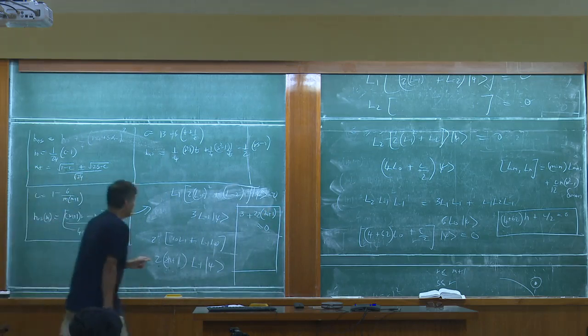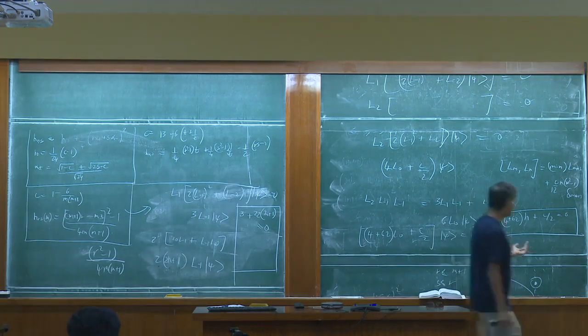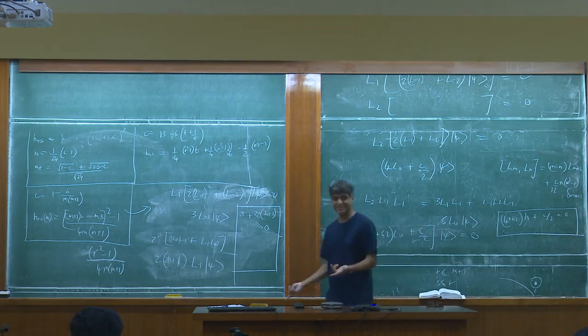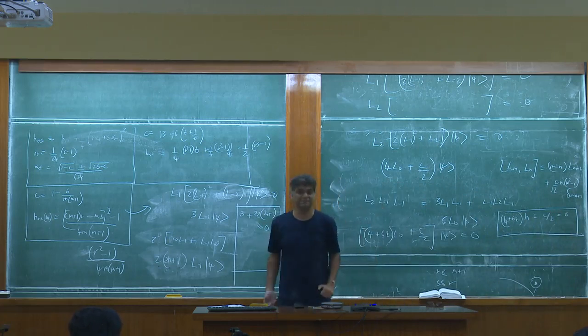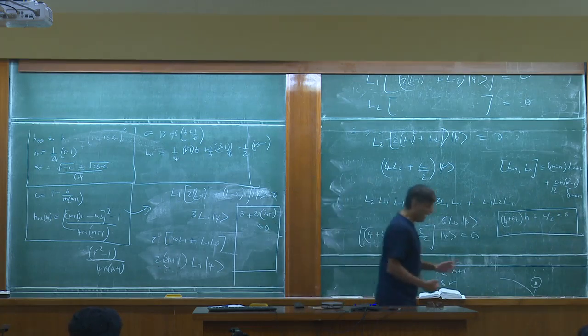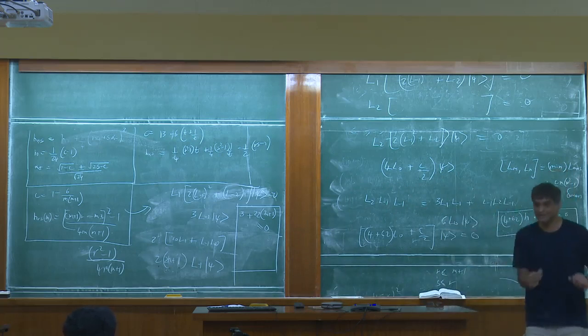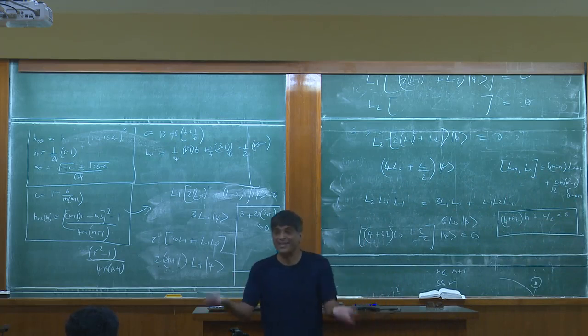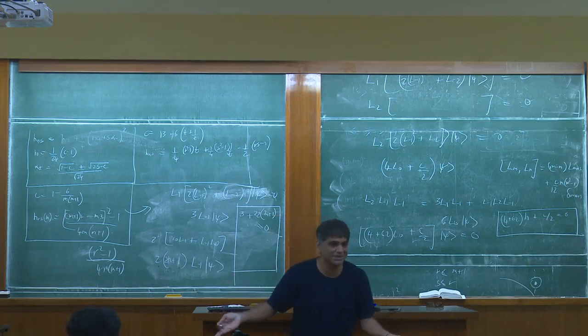So you see, what is the structure of our equations? The structure of our equations is that we got 2 equations for this variable eta. So at generic values of h, we will not be able to solve these equations.